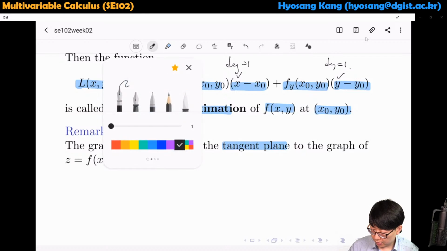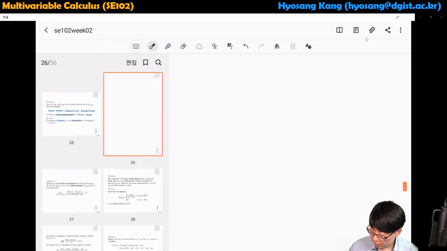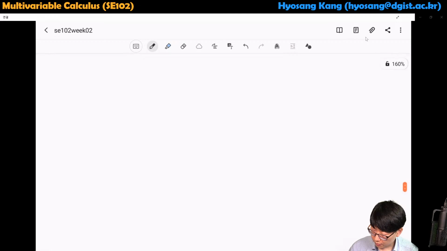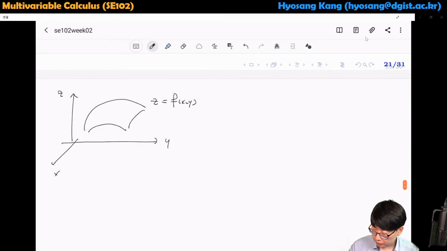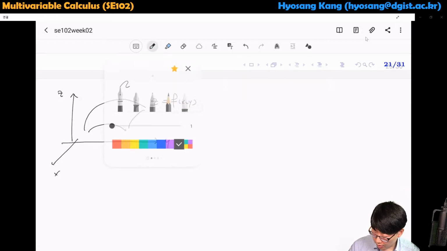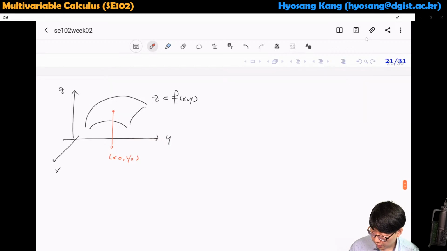This is actually important later on, so I'm going to give you a picture of what it says. Here is the graph of the function, the surface. It's some curved surface, and here's our z, here's our y, here's an x. Let's say we have the point x0, y0 here, and here is the point above on the surface.